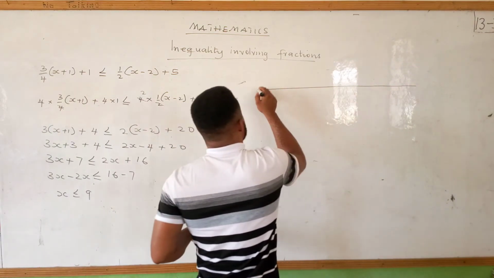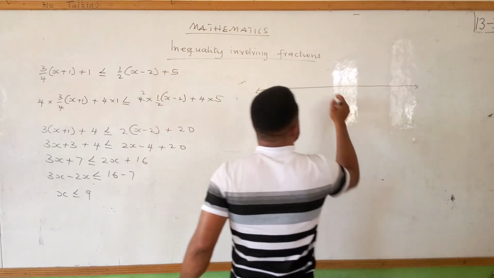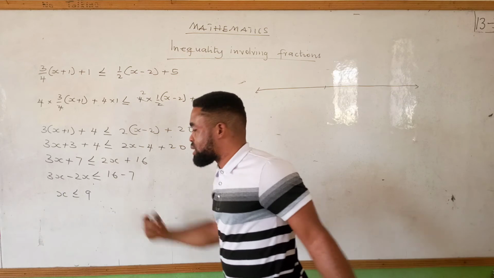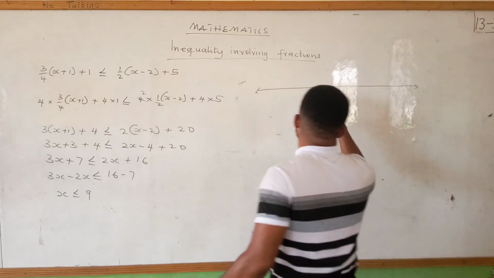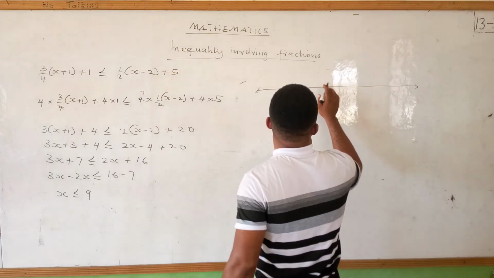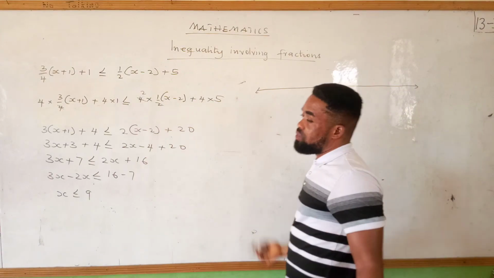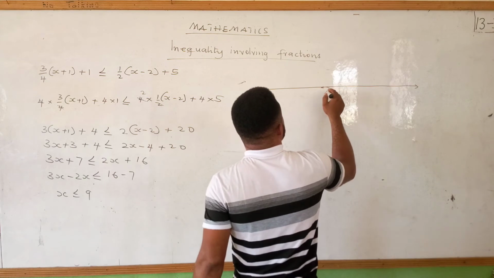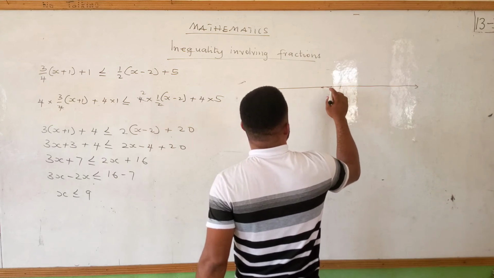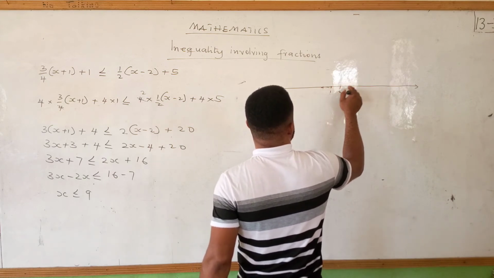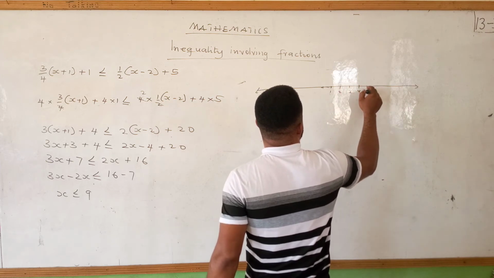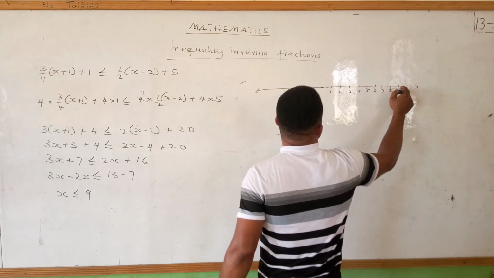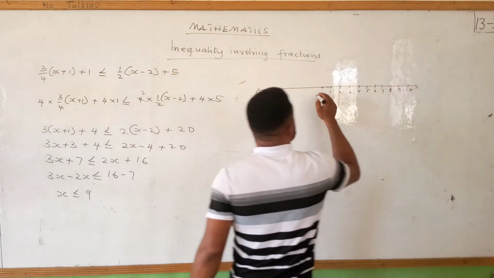Okay, so you can even begin the number line with positive values, because you can see 9 is positive. So it is not always necessary that you should make it negative and positive values. It is accepted. Okay, so we have 1, 2, 3, 4, 5, 6, 7, 8, 9, say 10.